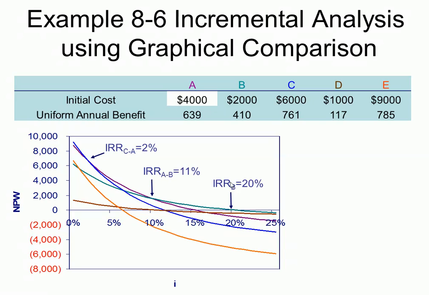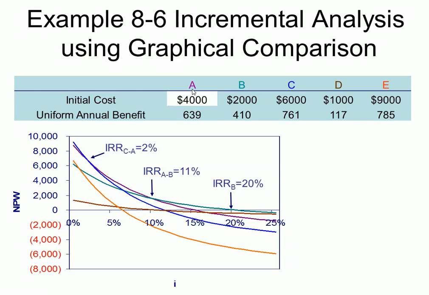Then we would have B at 20%: as long as the minimum attractive rate of return is more than 20%, we would do nothing. And if it's between 20 and 11%, we would choose B.